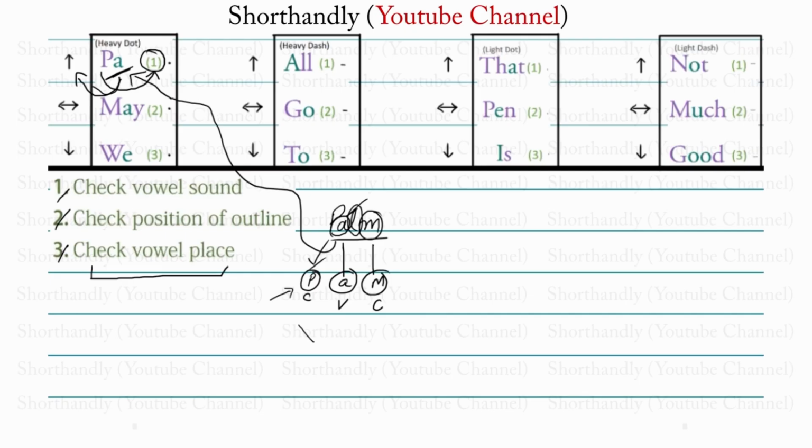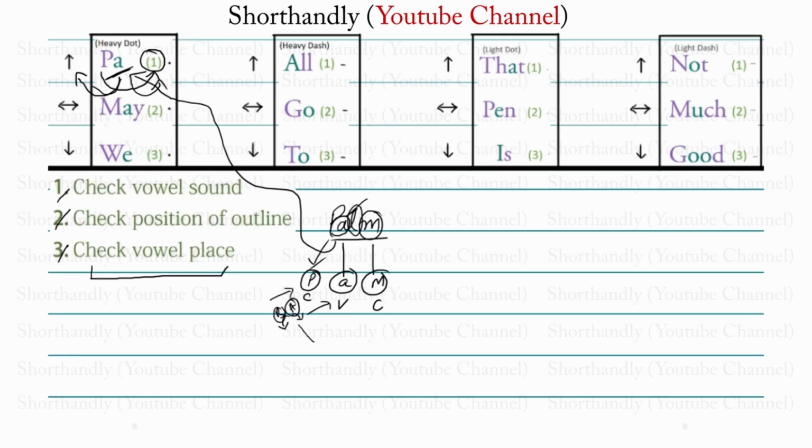Now let's see what the second character is. We have this A vowel. All right, so now let's put the vowel. Where we're going to put the vowel, as we already saw, is on the first place. Now the question is whether we're going to put it before or after.